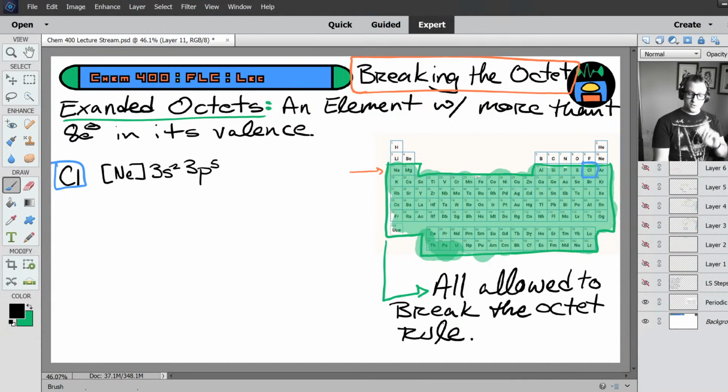Now, the reason why it changes on the third period is because the third period is where a new subshell gets introduced, the D block. And chlorine has 2 electrons in its s subshell, 5 electrons in its p subshell, and 0 electrons in its D subshell. Normally we don't write the subshells that carry no electrons, but I'm doing this for emphasis.